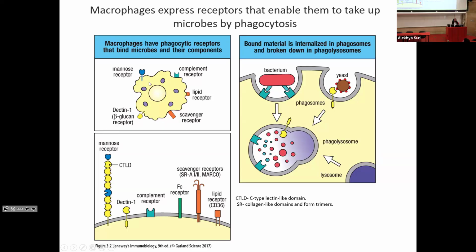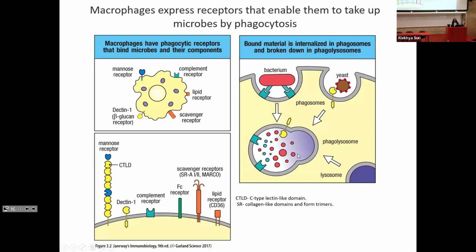These are all receptors that recognize certain molecules present on the pathogens, so the pathogens can adhere to the macrophage. For example, this is a bacteria here. It binds to these receptors on the macrophage. This then allows it to be phagocytosed into the macrophage. Following phagocytosis, it will fuse with the lysosomal compartment inside the cytoplasm of the macrophage and form what's called a phagolysosome.